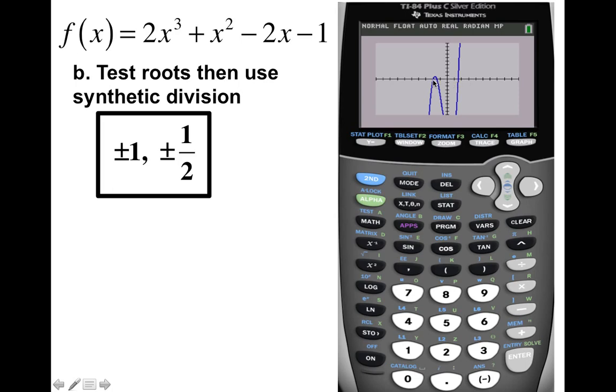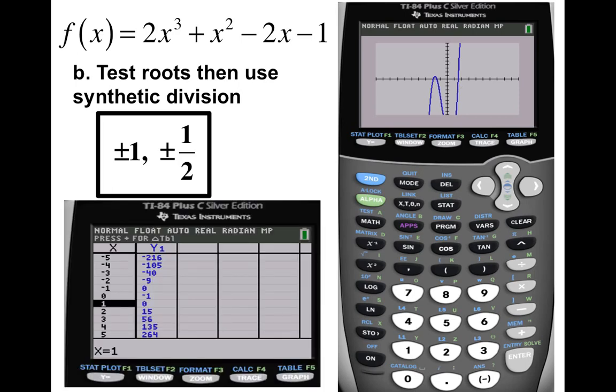You're going to have to try to figure out where it crosses the x-axis, but it's actually easier if you just go to the table and you're looking for where the y value equals 0, because that will give you the x-intercept. Notice it happens twice. We have it where x is -1 and where x is +1. This tells you that you can synthetically divide by either one of these because those are both in fact a root.